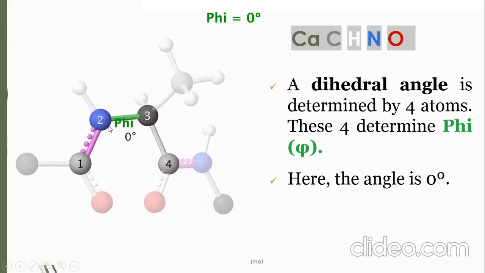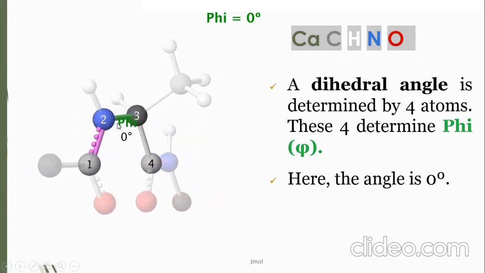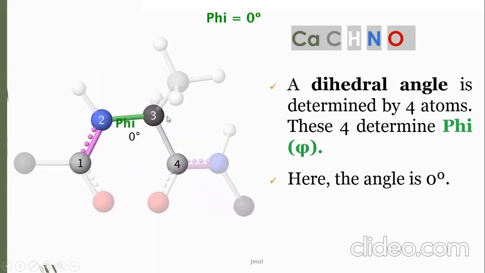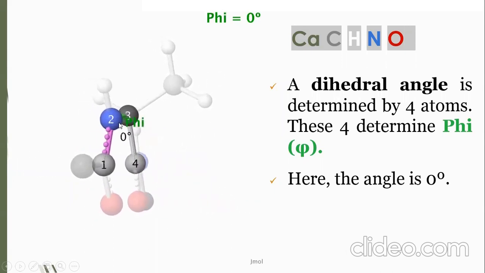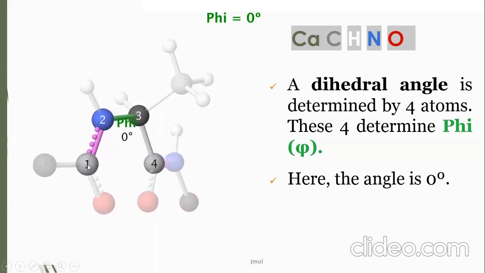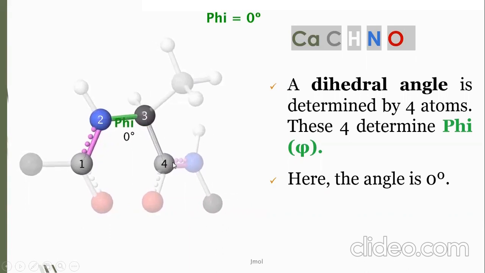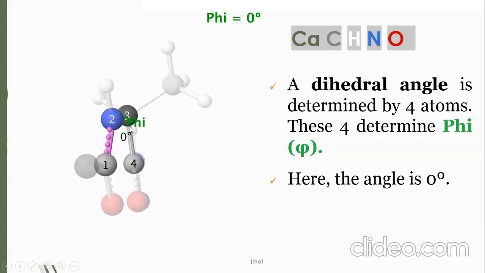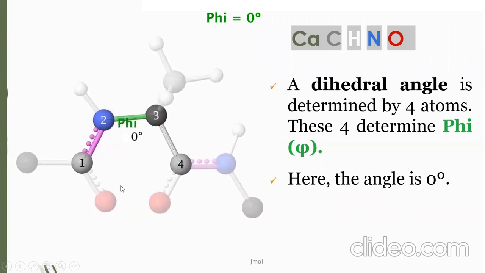Keep in mind that the bond we need to determine will be in the middle. So if we want to determine the Phi bond, let's keep it in the middle. Once we locate the residues, we can determine the angle.